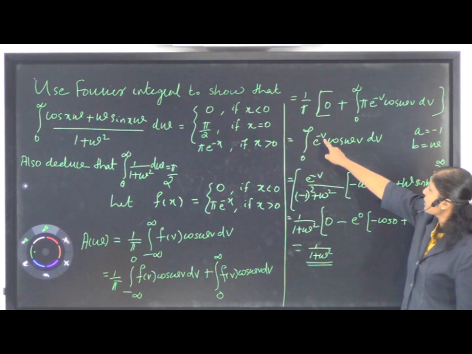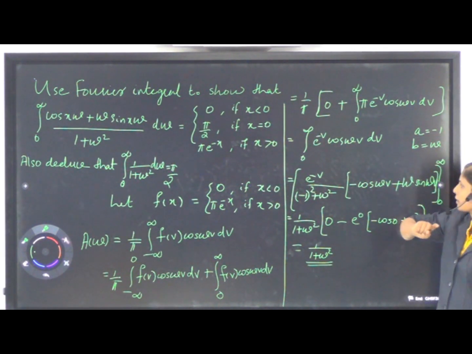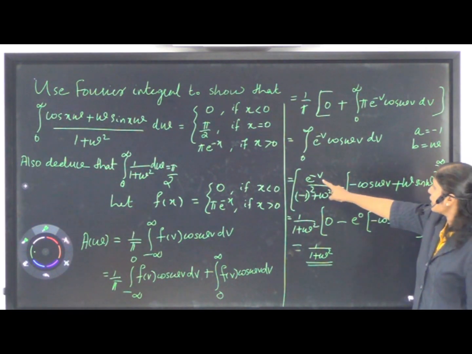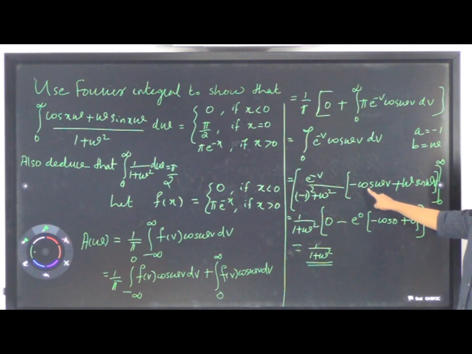Here a is minus 1 and b is omega. So this becomes e raised to minus v by 1 plus omega square, minus cos omega v plus omega sin omega v, and upper limit infinity.